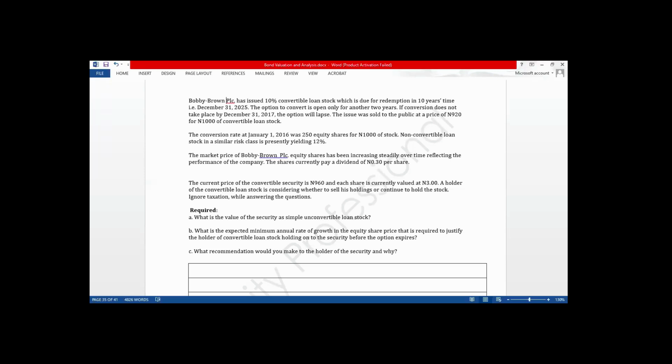Now, the next question is, how do we value convertible loan stock?